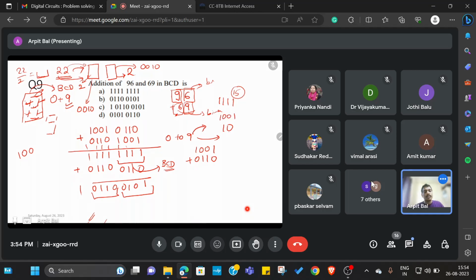Let me give an example. You see this is the number 9. After incrementing, what should the digits be? It should be 1 and 0. Is that clear? So 1 will represent 0001 and this is 0000.